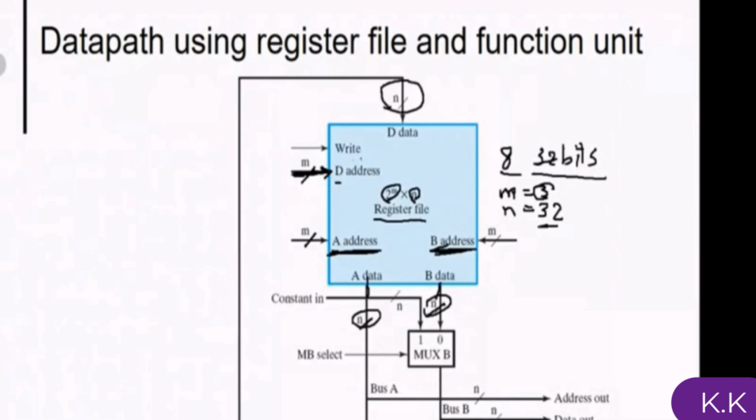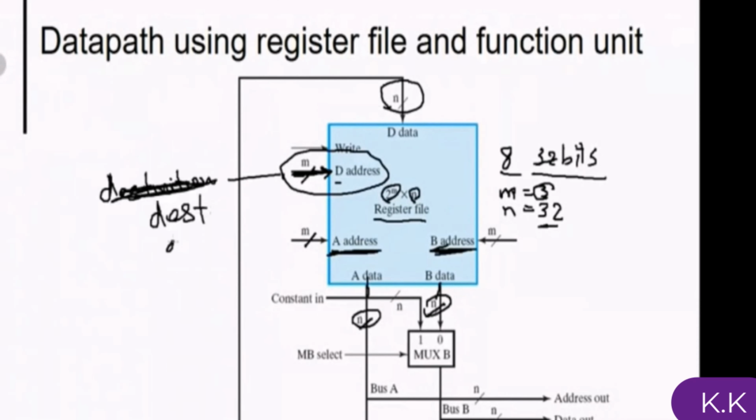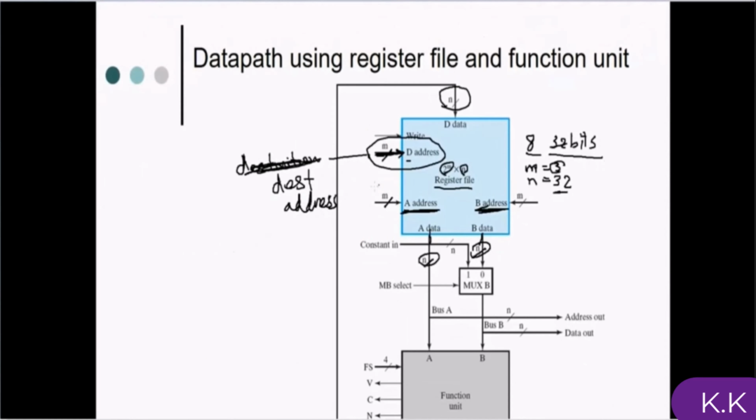So 32 bits data is coming here and giving to the next part of the system, for example, ALU.